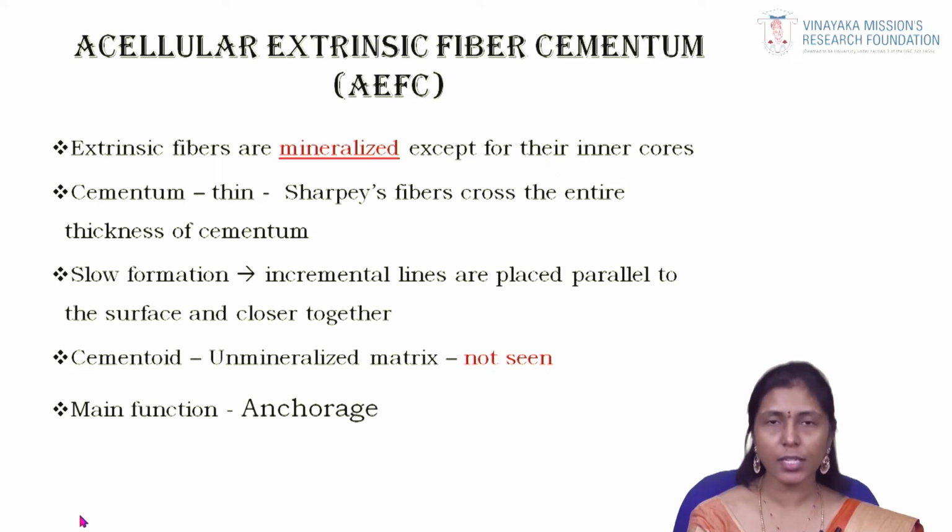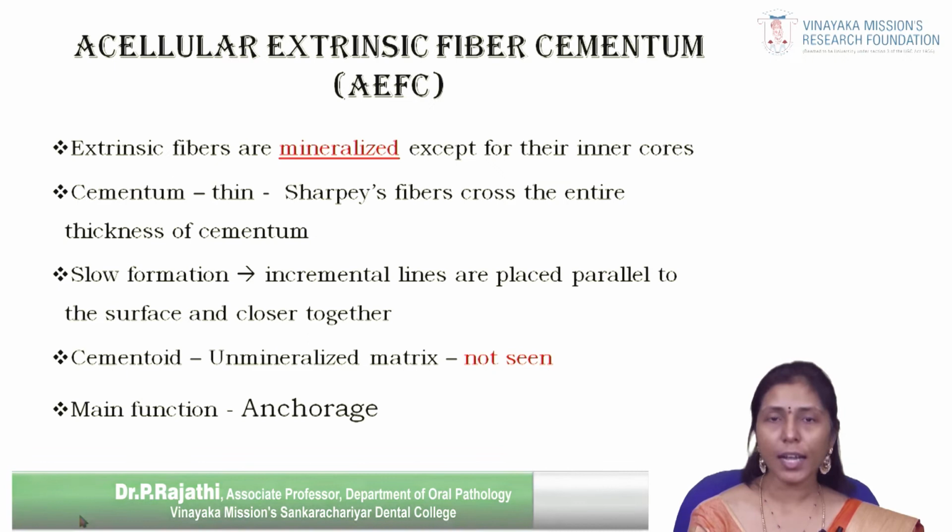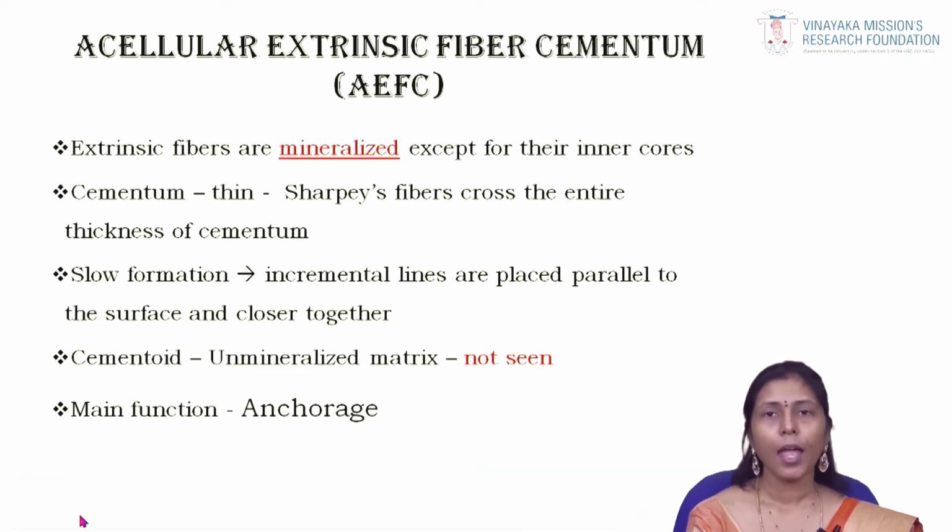If the cementum is thin, the Sharpey's fibers pass through the entire structure of the cementum. Acellular extrinsic fiber cementum is formed slowly. Because it is formed slowly, there is a resting period during formation of cementum.